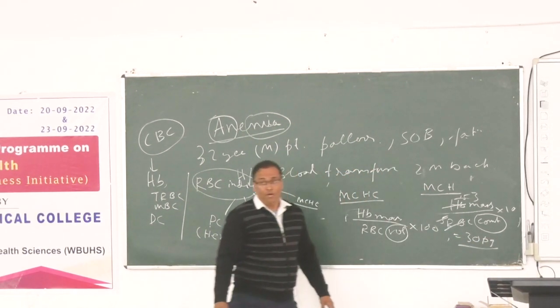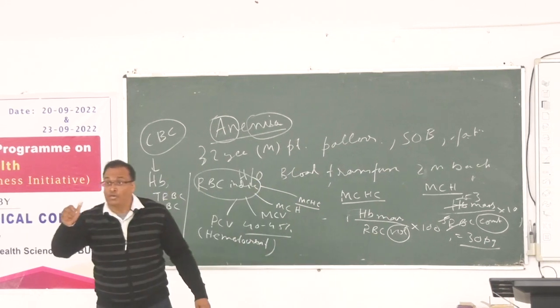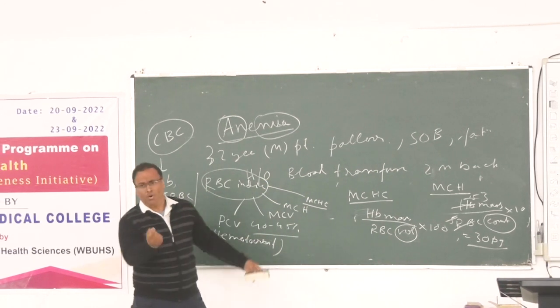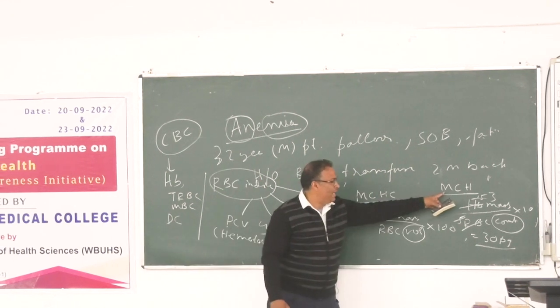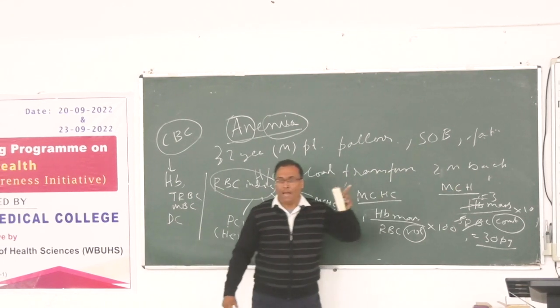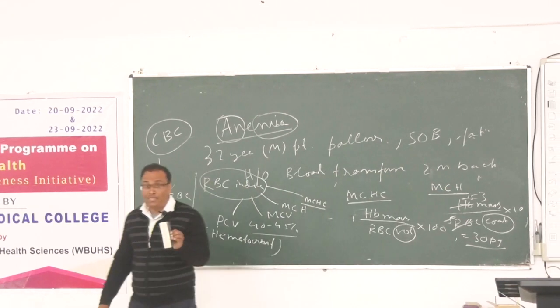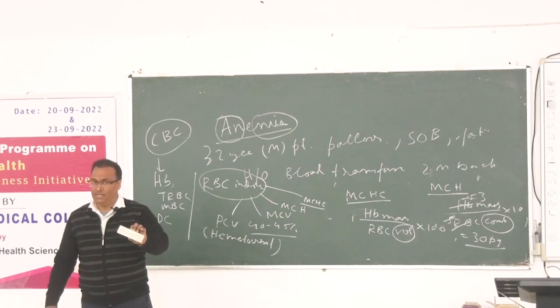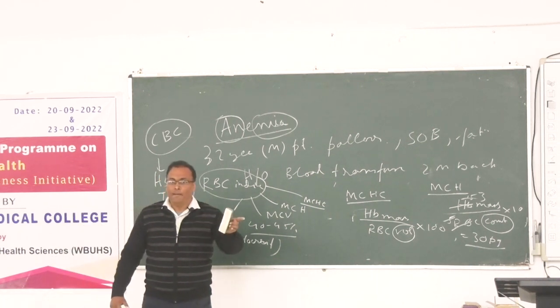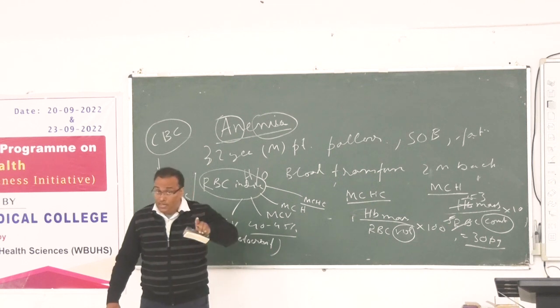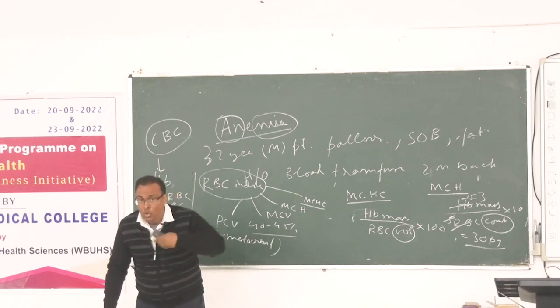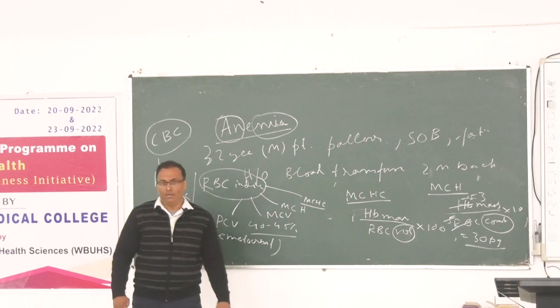That picogram, femtoliter, the units are different because these are very small amounts. So MCH, mean corpuscular hemoglobin, is the amount of hemoglobin present per unit RBC. MCHC, the amount of hemoglobin present per unit volume of RBC. Is it understood?